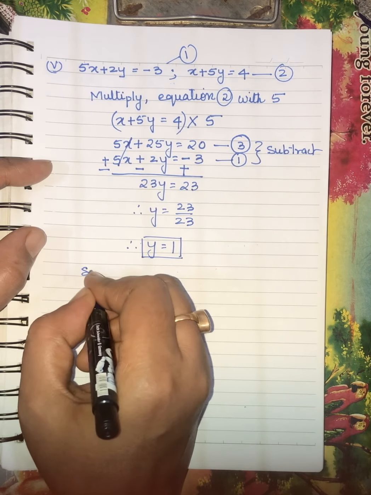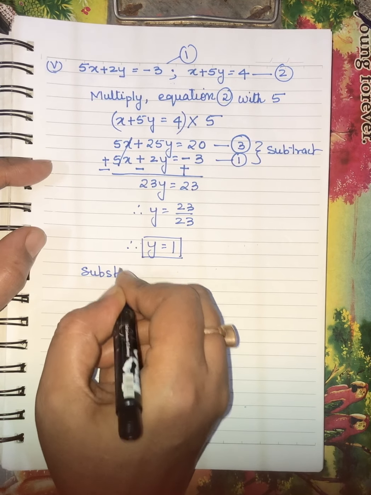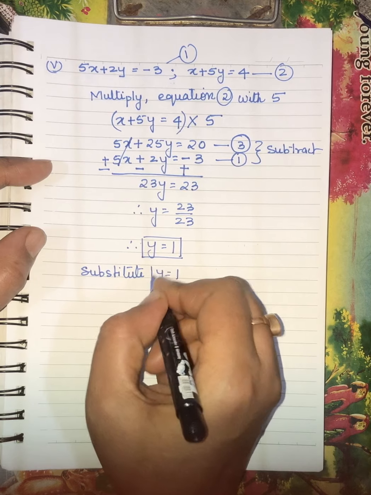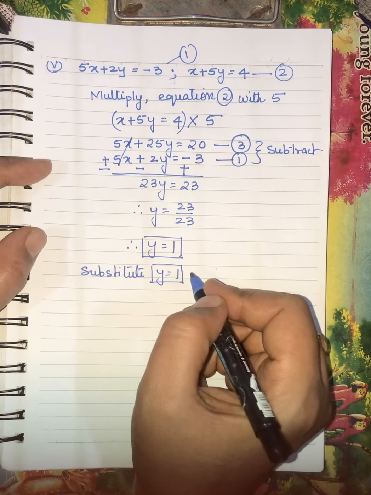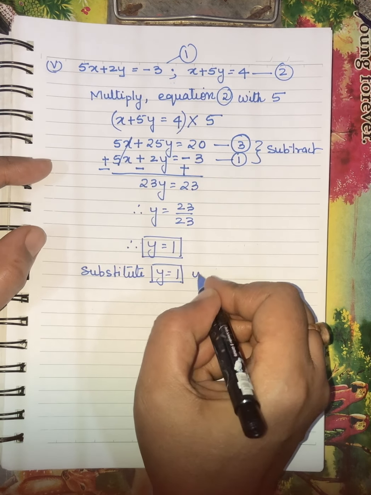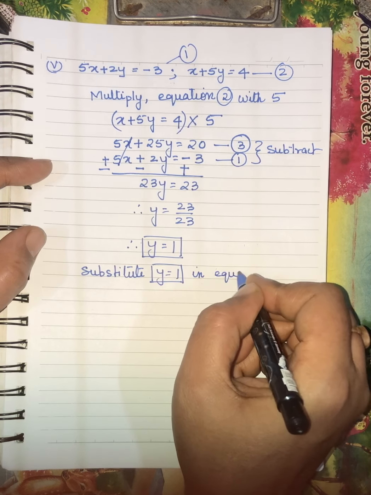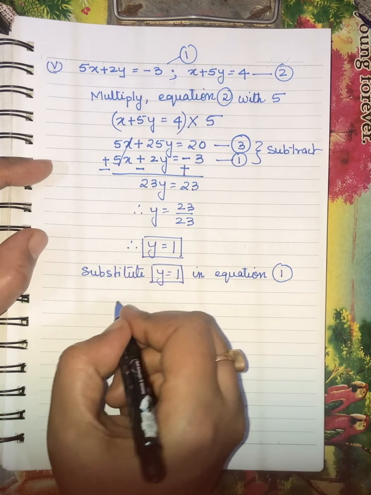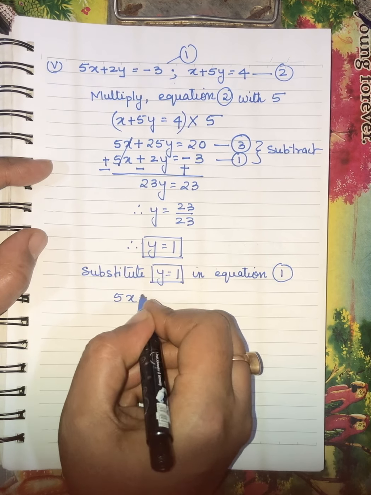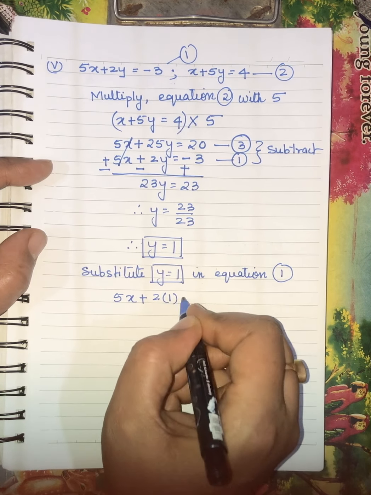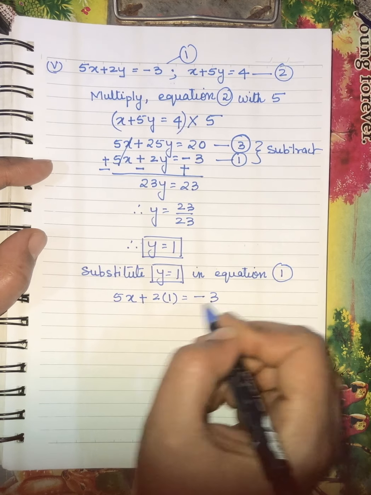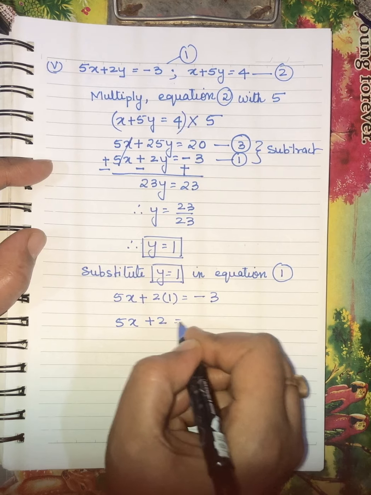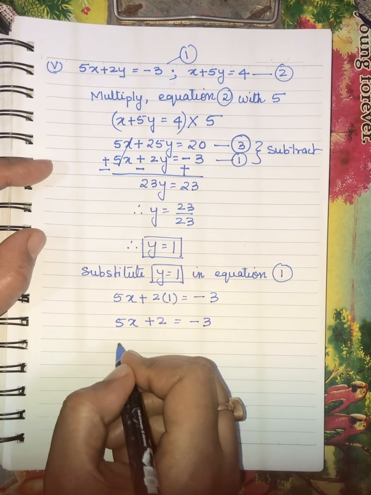Substitute the value of y is equal to 1 in any one of the equations. So let us take equation 1 again. In equation 1, what it gives us, 5x plus 2 into 1 is equal to minus 3. 5x plus 2 is equal to minus 3.